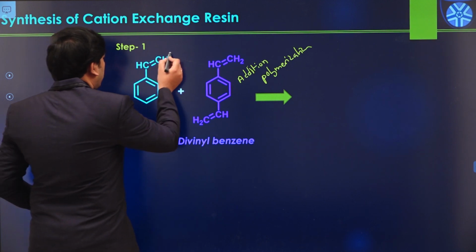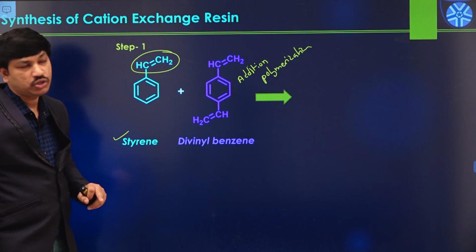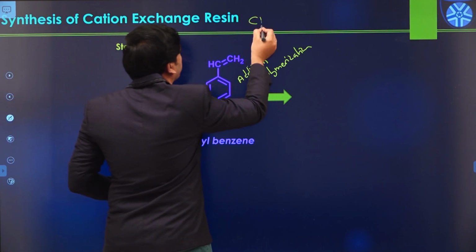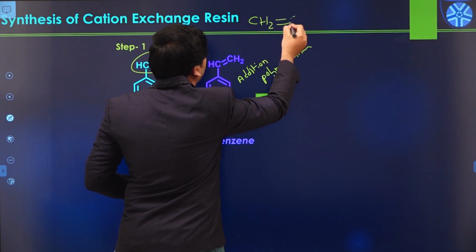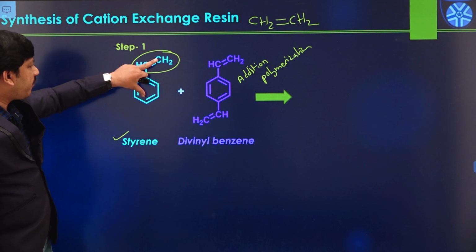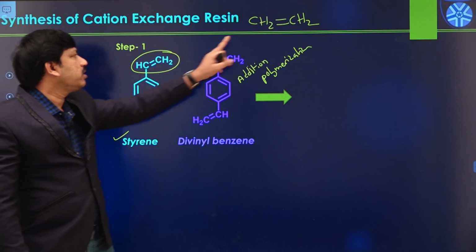So you can see here, this is also CH double bond CH2, and this is the ethylene group, CH2 double bond CH2. So what is the difference between this one and this one? CH2 double bond CH2.